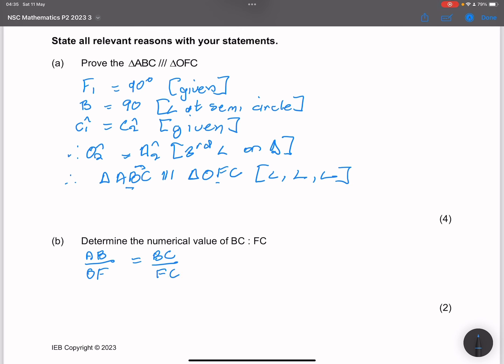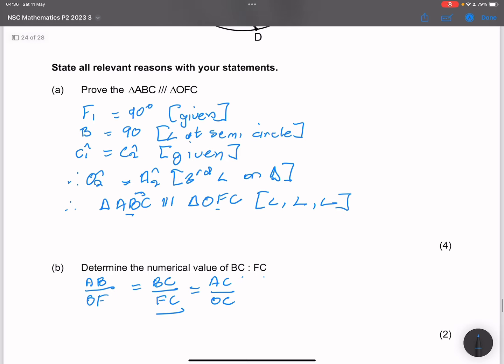Okay, and that's the one that they're interested in. But we know that this is also equal to AC over OC. All right. So they wanted the numerical value of BC to FC. So let's just take a look.